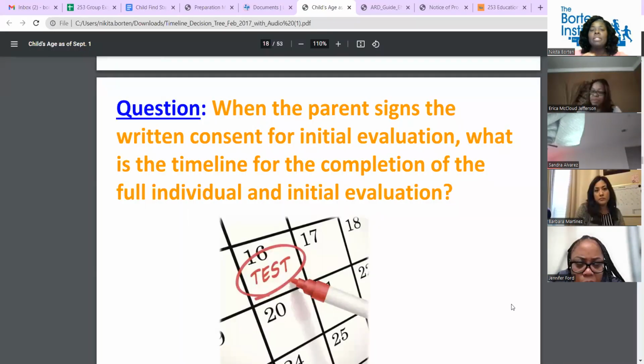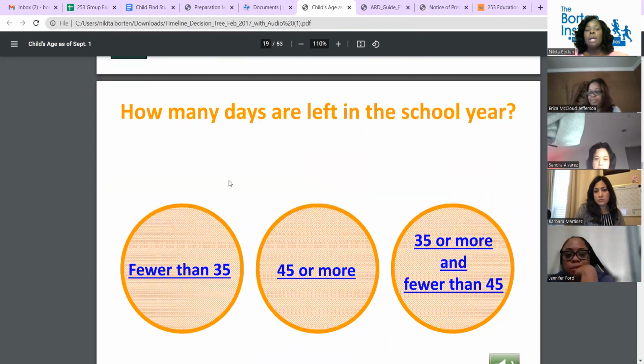And I love this because it clearly walks through all the different scenarios, okay? All right, so when the parent signs consent, what is the timeline? Well, how many days are left in the school year? Right now, if we get out, let's say your district gets out on Memorial Day, right?